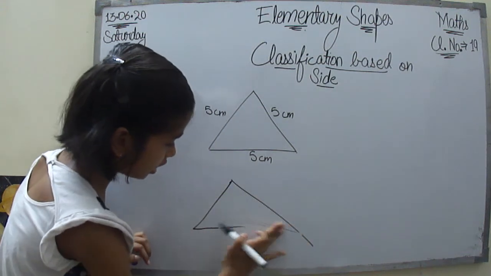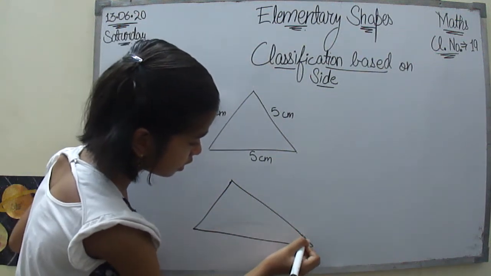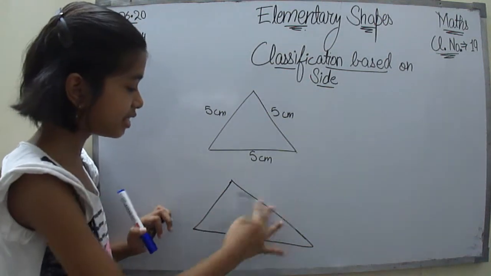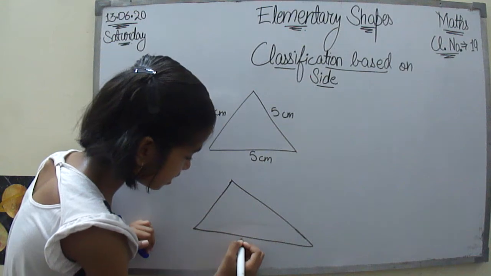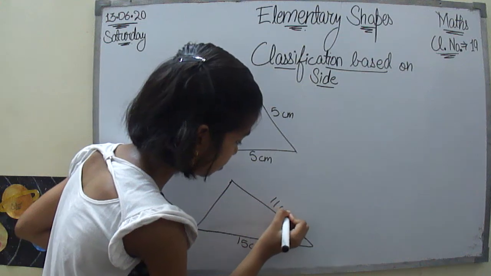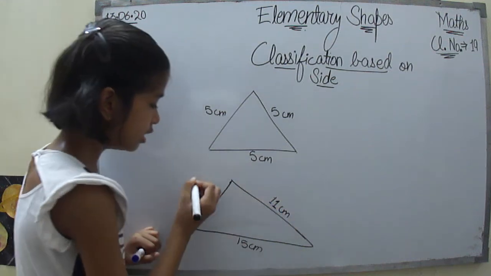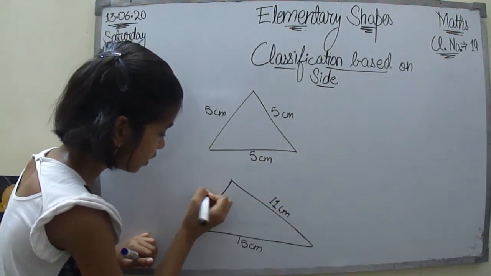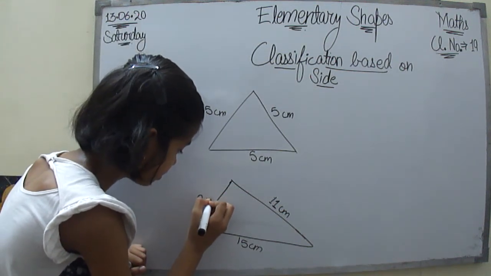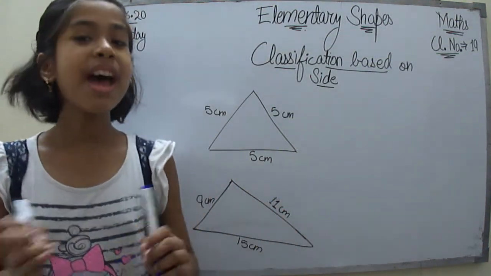Now it is also a triangle, but all the lines have different lengths. So let's say that this is 15 centimeter, this is 11 centimeter, and this one over here is 9 centimeter. Let's imagine that. So this is another possibility which could happen.